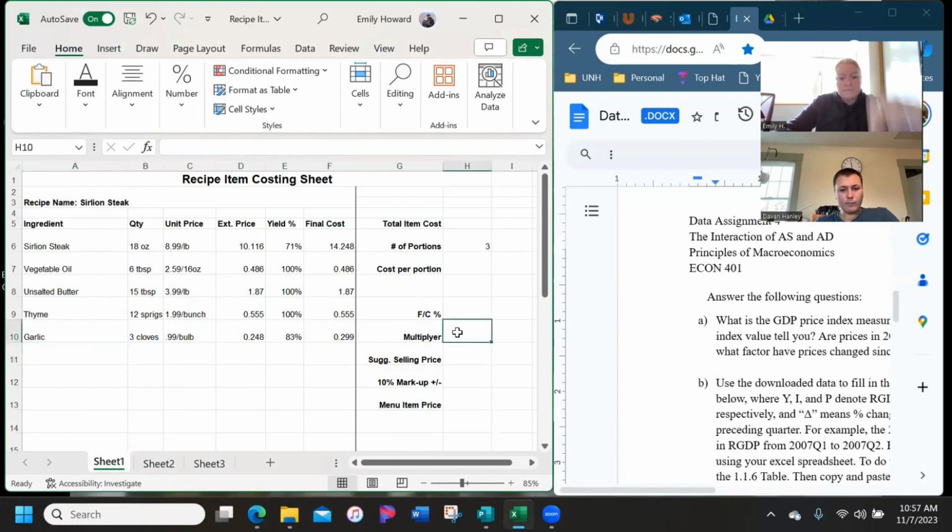So for total item cost, click in there, to equals. Oops. Why are you doing this to me again? I am not pressing period. Is it just really tiny? Why is it so tiny? I couldn't see it.